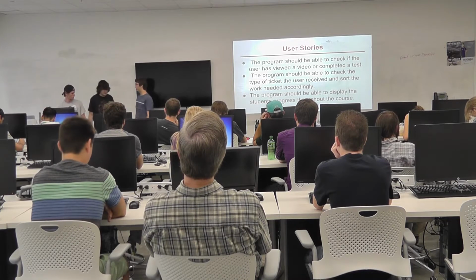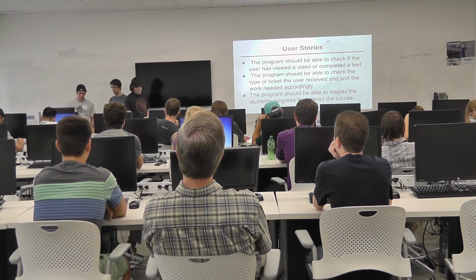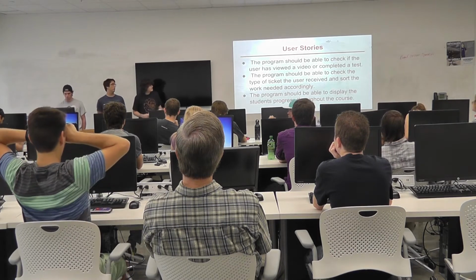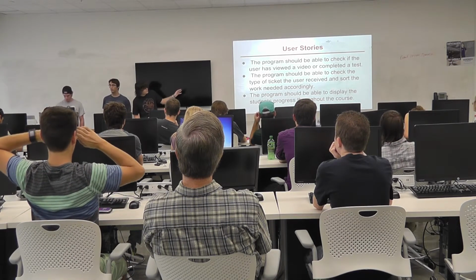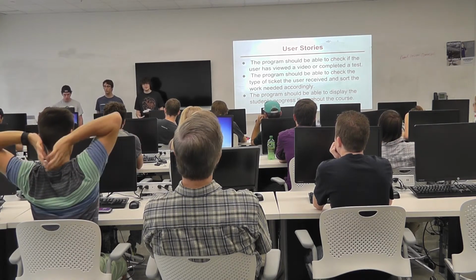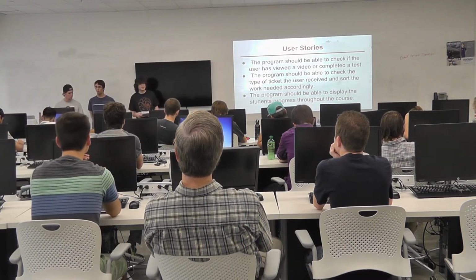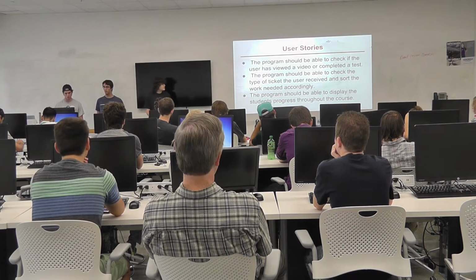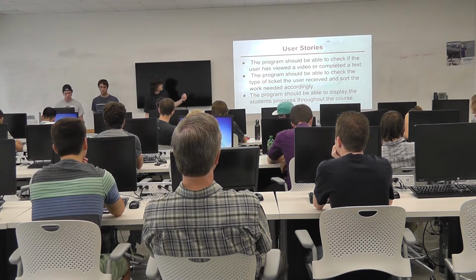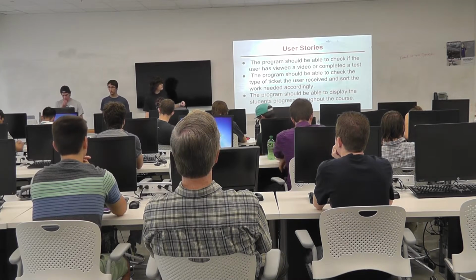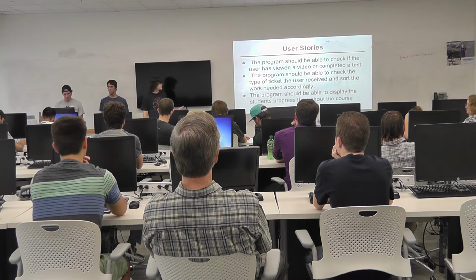Alright, so after I went and talked with the people over here, I developed these pseudo-user stories while I was talking with them, just to make writing the actual user stories an easier process. So basically when I was talking with them, what I got from them was the program should be able to check and see if the user viewed the video or completed the test. Simple enough.